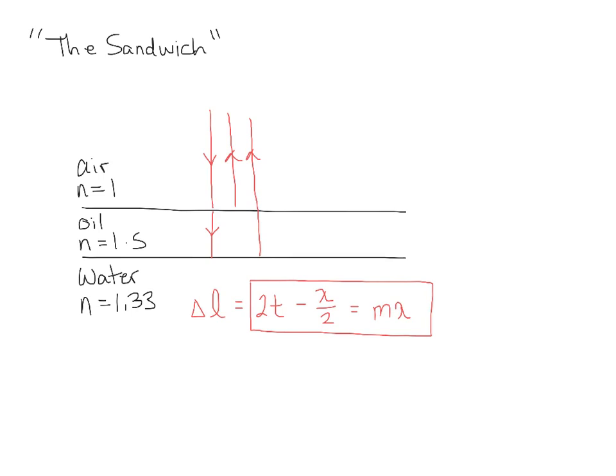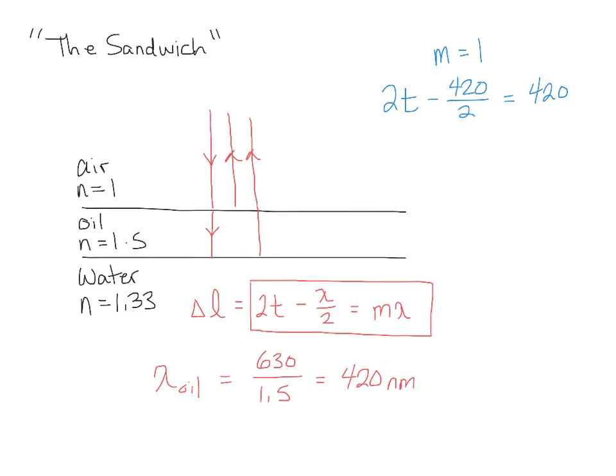So let's say that the wavelength in air was 630 nanometers. Then the wavelength in the oil would be 630 divided by 1.5, which comes out to 420 nanometers. All right, so let's say we want to find the thickness of the film for our first order constructive interference, m equals 1. So I have 2t minus wavelength over 2 equals 1 times the wavelength.